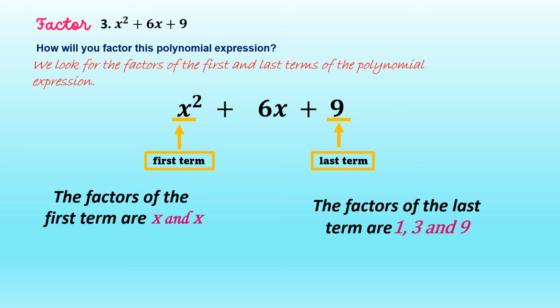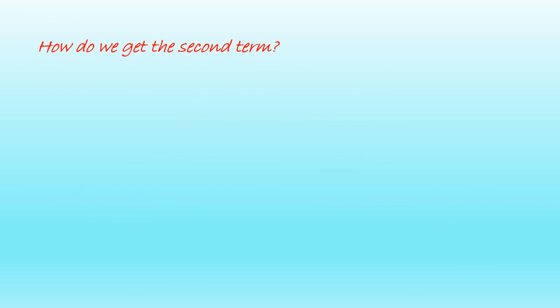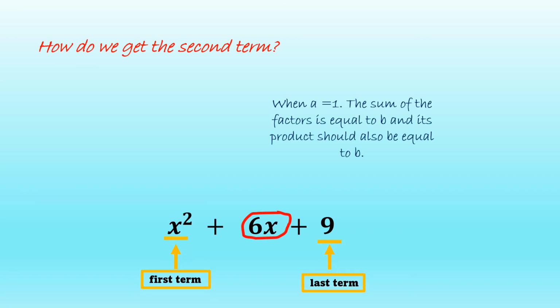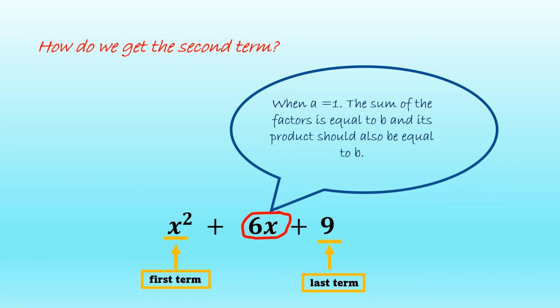The factors of the last term are 1, 3, and 9. How do we get the second term of a quadratic equation, x squared plus 6x plus 9? When a is equal to 1, the sum of the factors is equal to b and its product should also be equal to b.